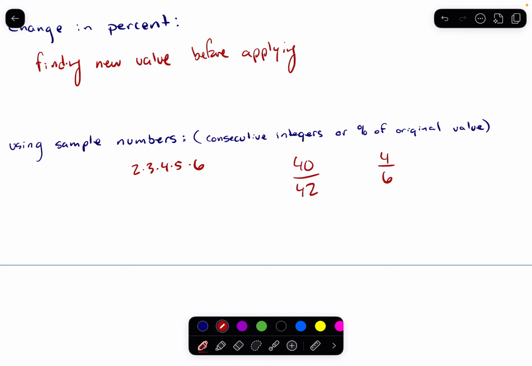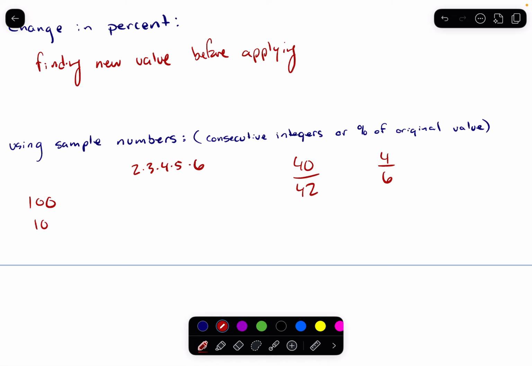So maybe pick a number that's easy to work with, but not 0, 1, and 2. 100 is great, especially with percent problems, because it's usually easy to find percents of 100, because they match the word percent. And it's 100. It's easy to cut 100 in half, or to double it, or to break it into 4 pieces, or to find 30%, right? 10 is another good one, if you just need to pick a random number to try plugging in and see what happens.